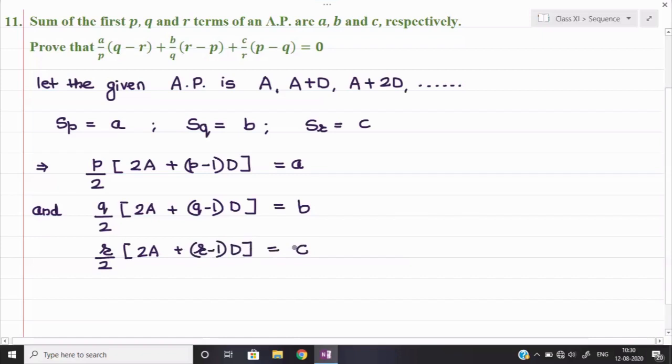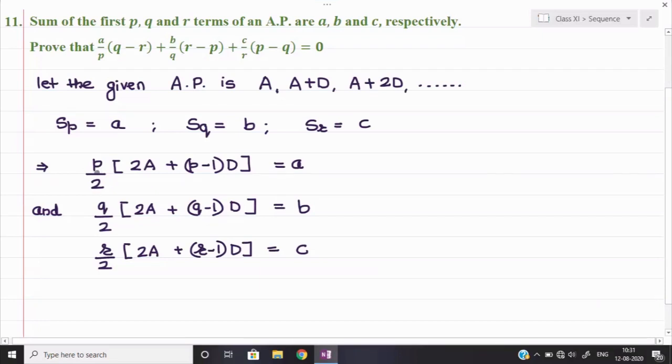Now, if I focus on the requirement, the requirement is a upon p multiplied with q minus r. So focus on one term: I require the value of a upon p, similarly b upon q and c upon r. From the first equation, my equation is p upon 2 into the bracket.